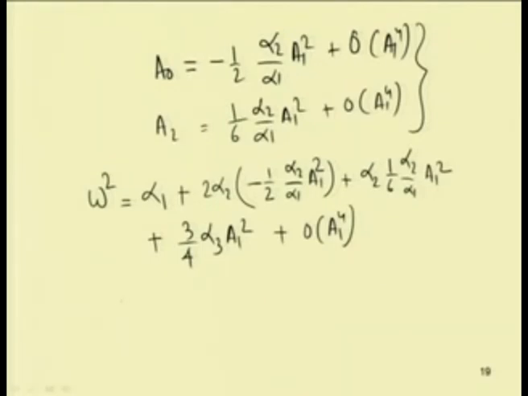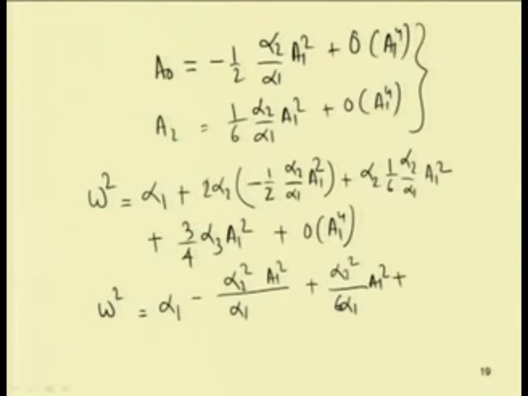So, from this we can write omega square equal to alpha 1, and the 2 cancels, so this becomes minus alpha 2 square by alpha 1 into a1 square, plus alpha 2 square by 6 alpha 1 a1 square, plus 3 by 4 alpha 3 a1 square.